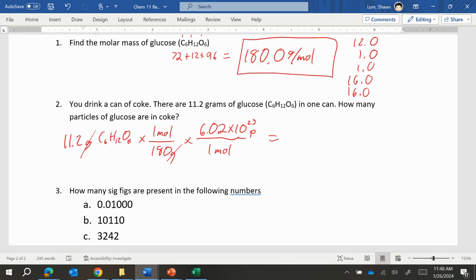Okay, so 11.2, which is 3 sig figs, divided by 180.0, 4 sig figs. I didn't write the 0.0 in there, I should have.